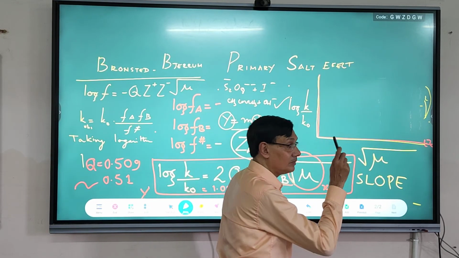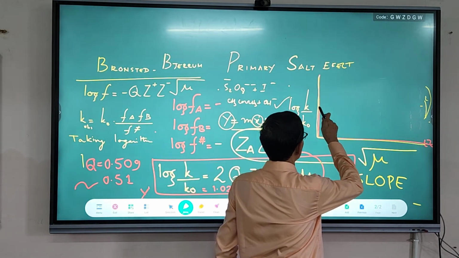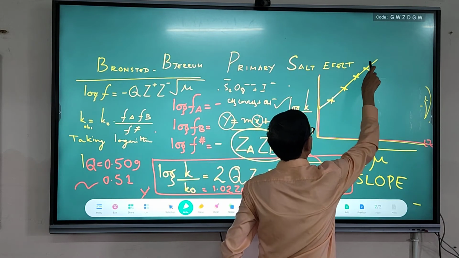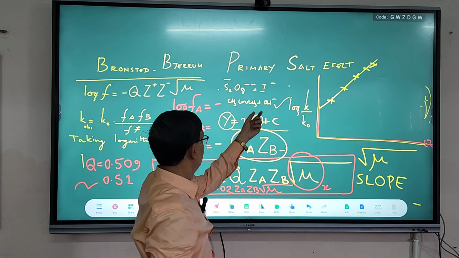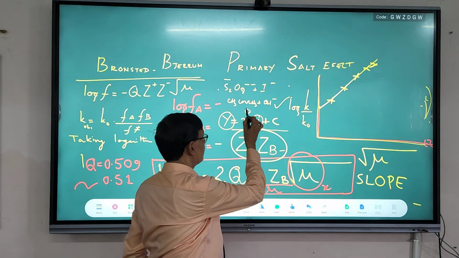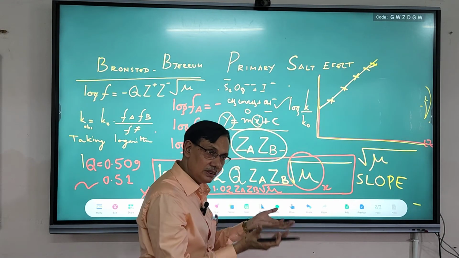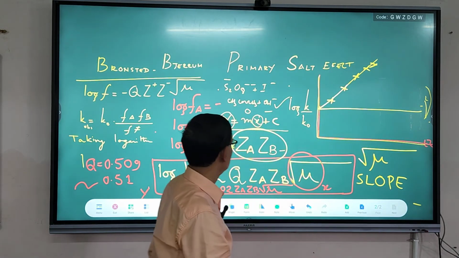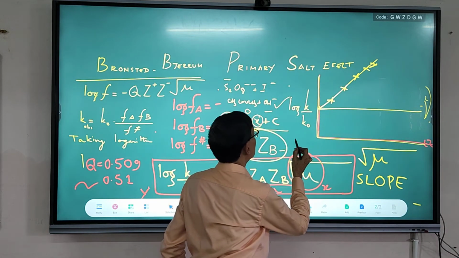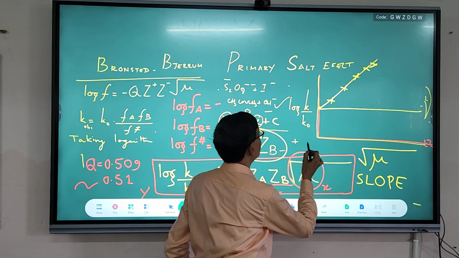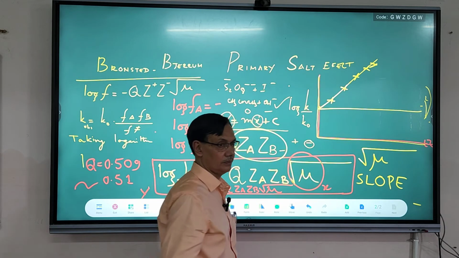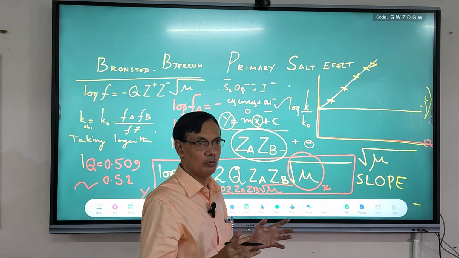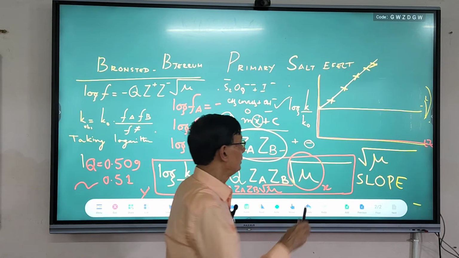So you can predict that the rate increases. In the second case, one is 0, so ZA ZB is 0, so no effect. Suppose in some cases one is positive and the other is negative, what would be the value of ZA ZB? The slope value is negative.